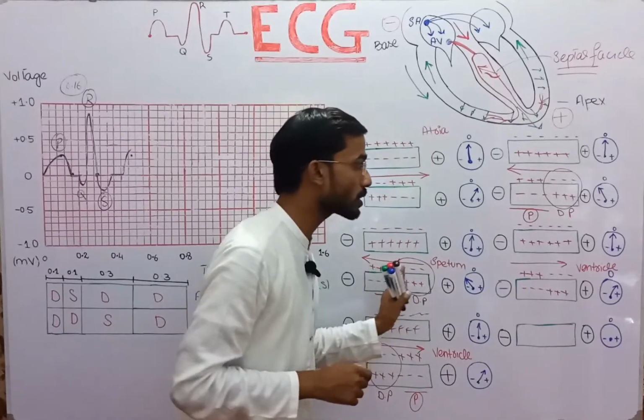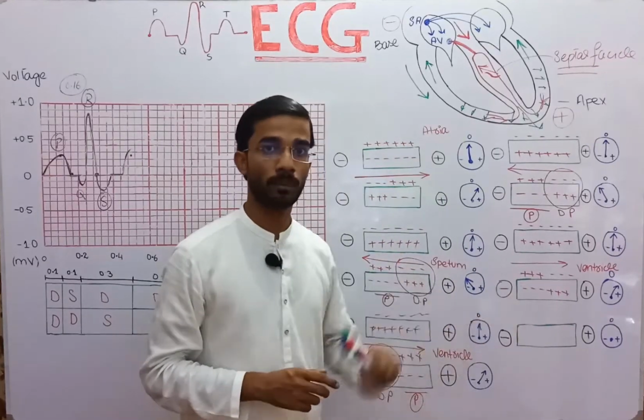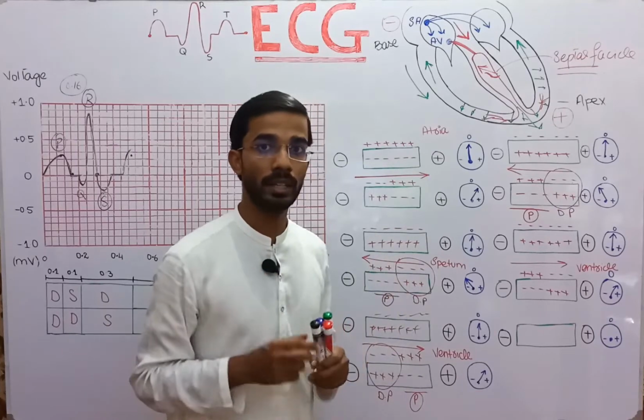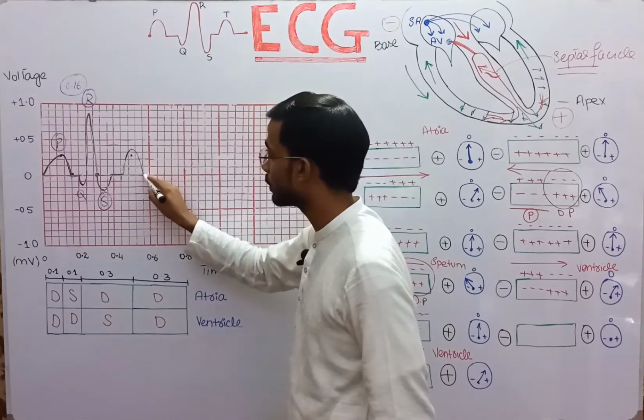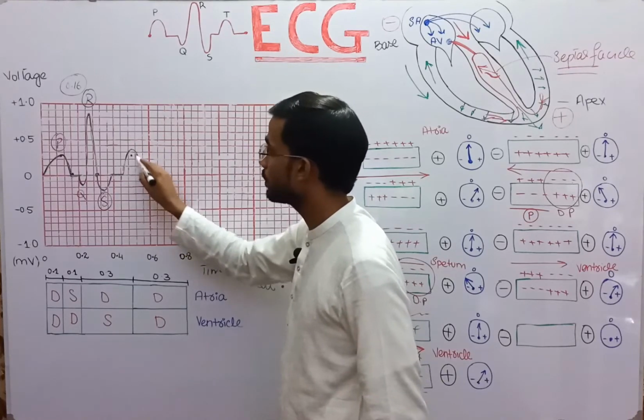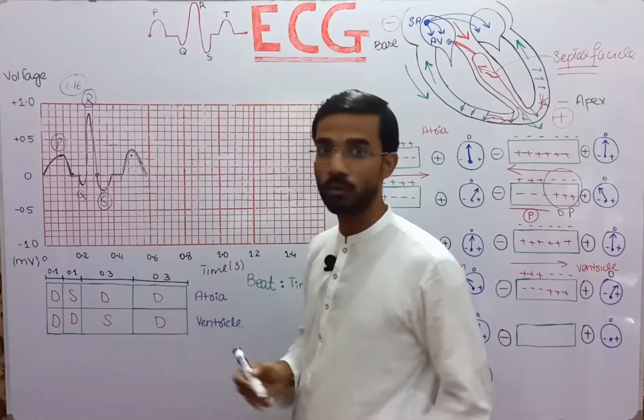Next, this repolarization process occurs until a state is reached when the potential again becomes zero. Why?